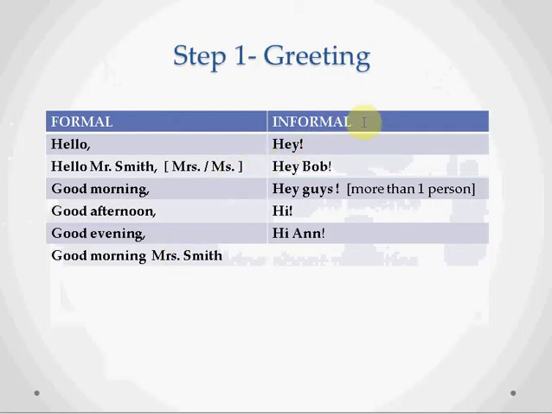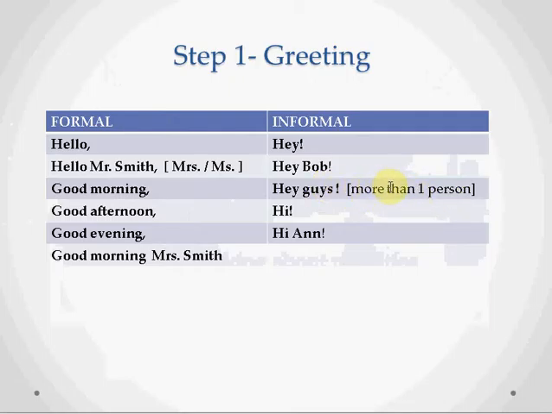If we're using an informal language, we would say things like hey, or we'd say hey Bob. We're using the first name of the person. Hey Bob. Hey Tom. If there is more than one person, okay, we could say things like hey guys. Guys is when there are more than one person.